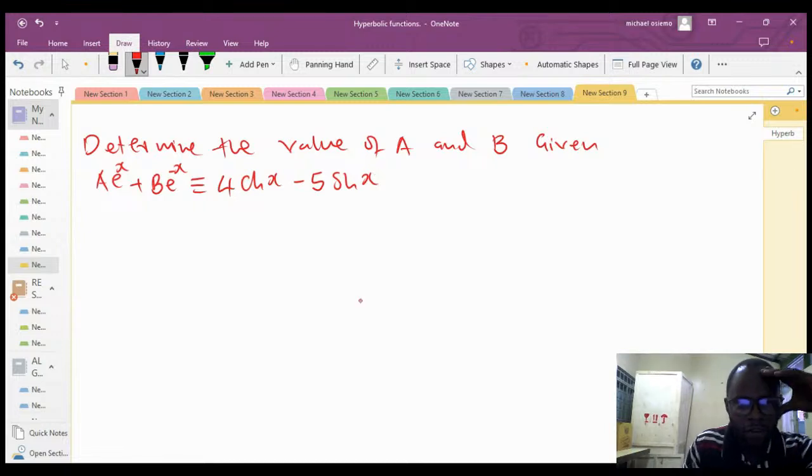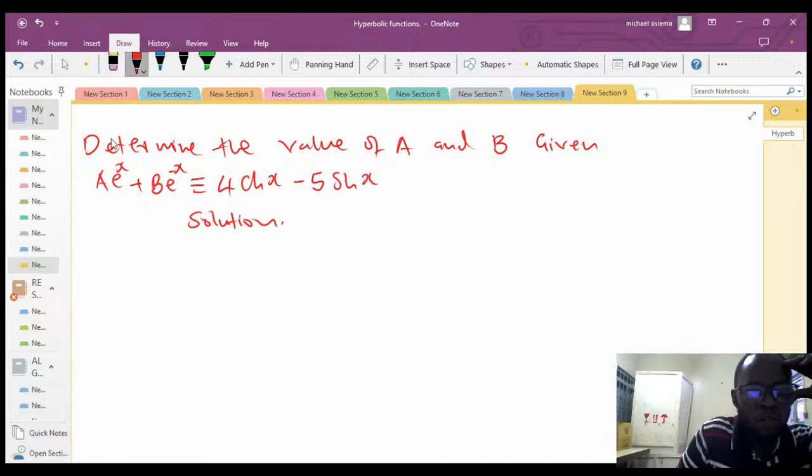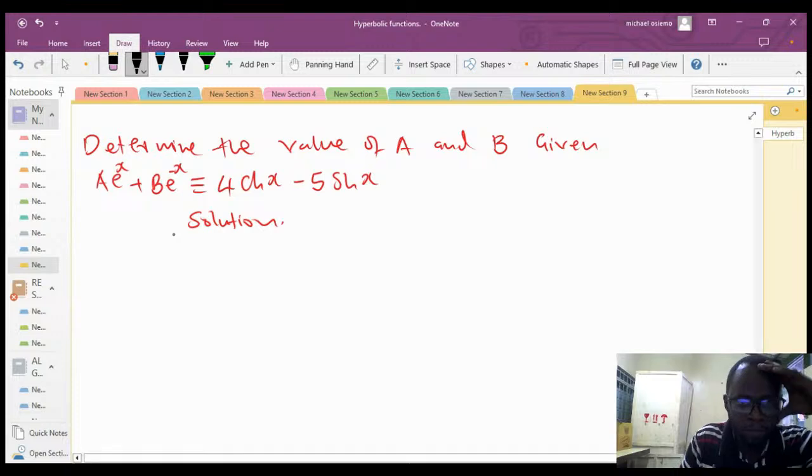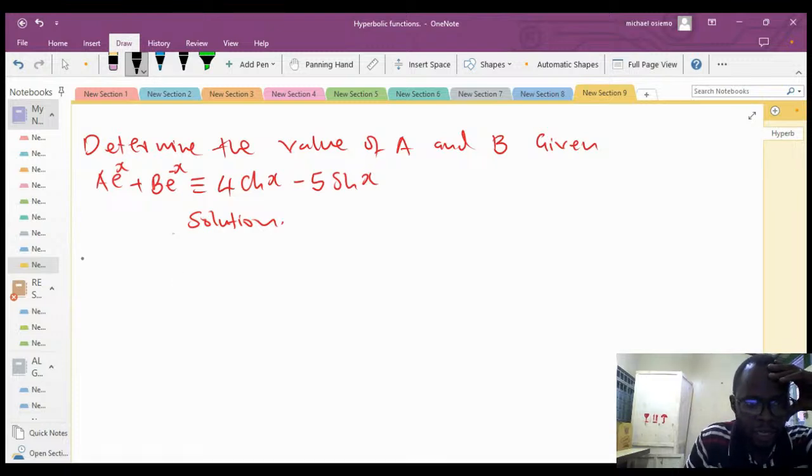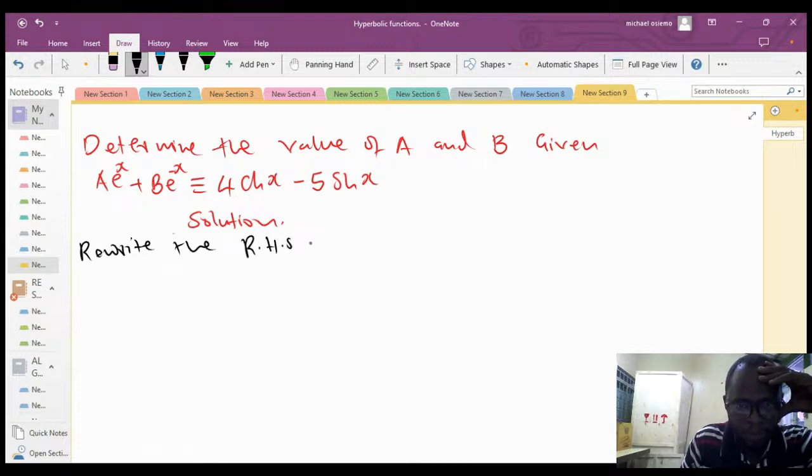In this kind of a problem, it means that we have to rewrite the right hand side in form of exponentials. Let me put here solution. For solutions, we use the black pen, as we said. So rewrite the right hand side in exponential form.